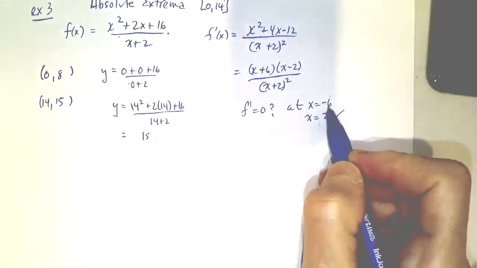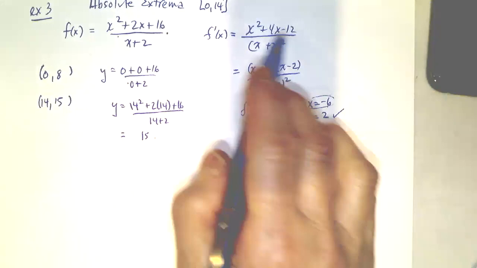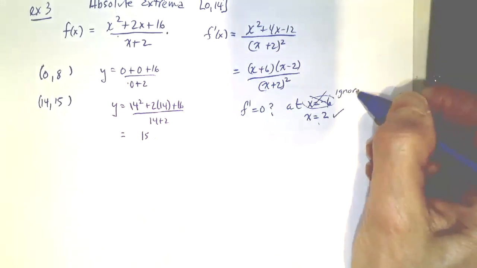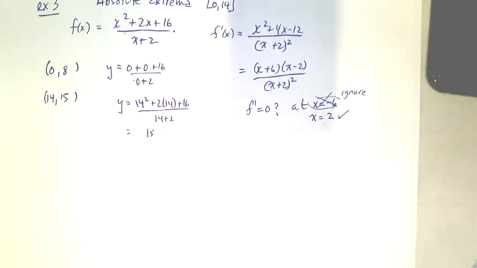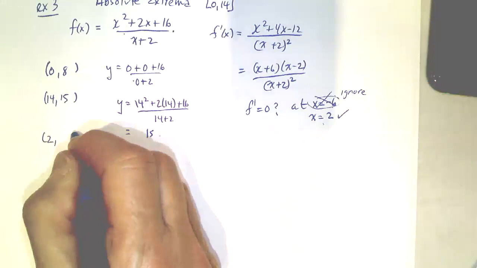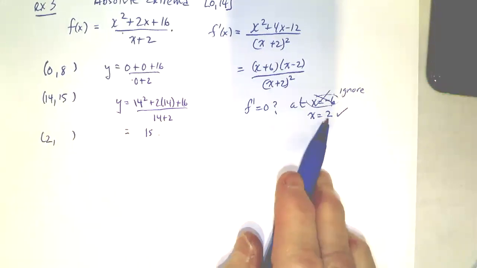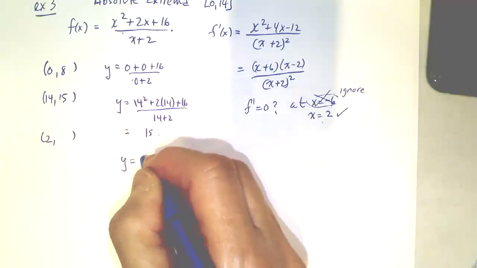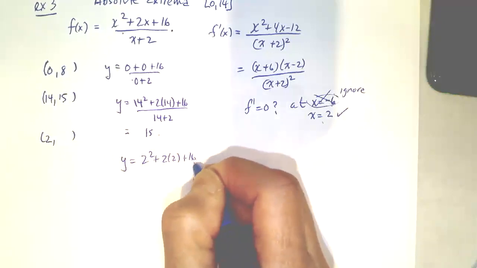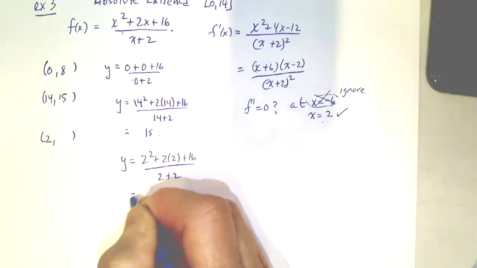But where the derivative equals 0 at -6, because that's not part of the domain that we're investigating, we basically can just ignore it. We don't care what's happening because it's not in this section of the graph that we're looking at. I merely have to find the y value for this one value, which of course is going to be 2 squared plus 2 times 2 plus 16, using the original function.